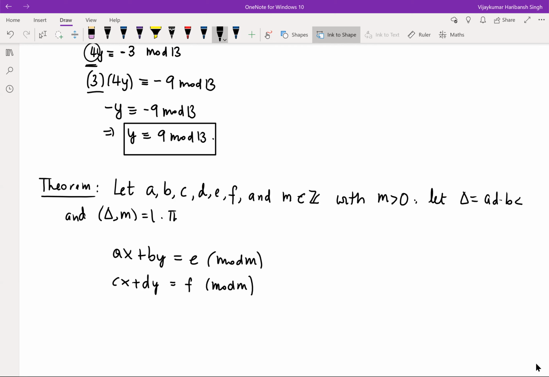Then the system of congruences ax plus by equals e, cx plus dy equals f has a unique solution. Of course, the solution will be unique modulo m.